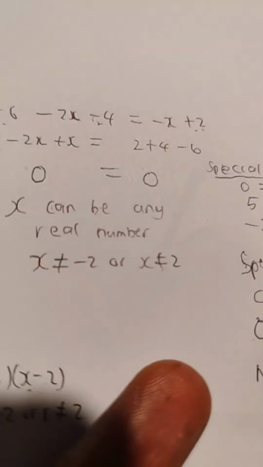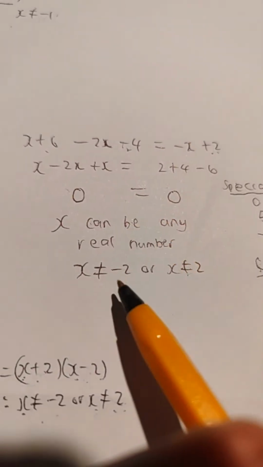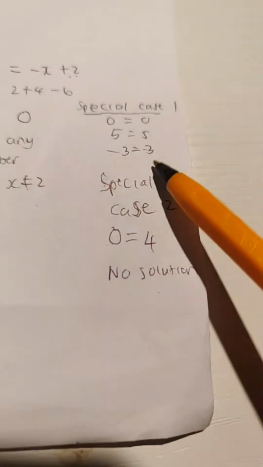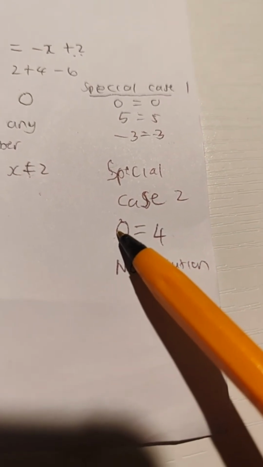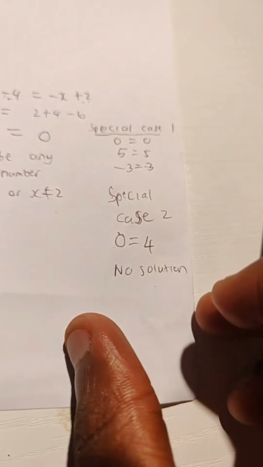So special case number 1 is that if you have same numbers on either side, at the end it means x can be any real number, but then you exclude the restrictions. If you have different numbers on either side, it means there's no solution. So those special cases are cases that you need to be aware of. Let's continue.